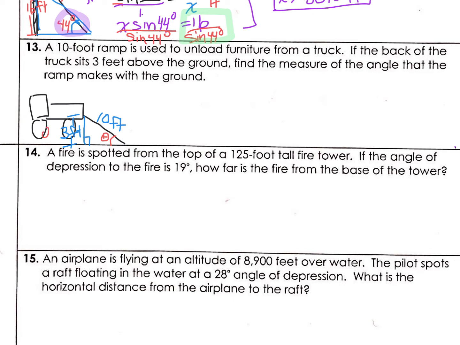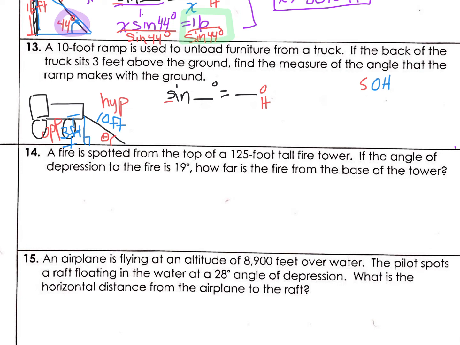So I have OPP and then hypotenuse. So that means that I have O and H. And since I have O and H, I'm choosing sine. So sine of blank degrees is equal to a ratio. So some old hippie.